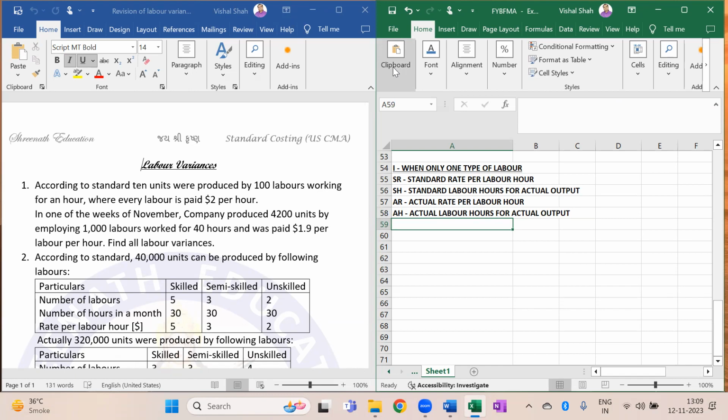You will have three variances. One is called as LRV. LRV is labor rate variance. The formula is SR minus AR into AH.